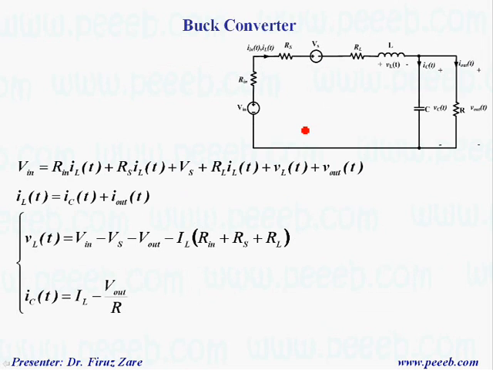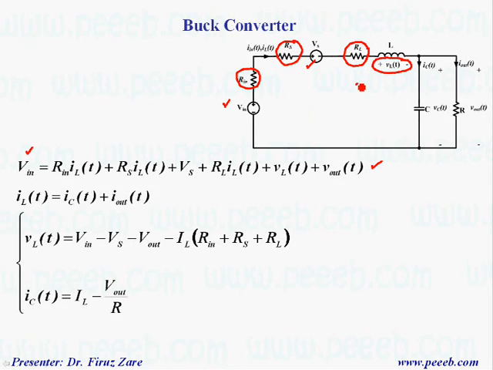So we can write the equations for the time that the switch is on. The voltage across the inductor can be found from this circuit diagram: the input voltage equals the voltage drop across this resistor, plus the voltage drop across the switch, the voltage drop across the internal resistor of the inductor, and also the output voltage, which is given in this equation.